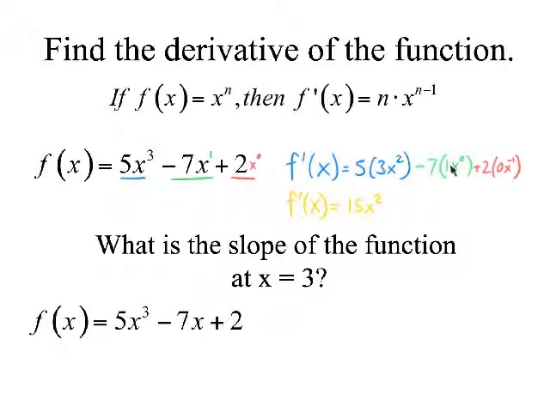That's 1. And 1 times 1 is 1. So negative 7 times 1 is just negative 7. All right? 0 times anything is 0, so that's just 0. 2 times 0 is 0. So really, this whole thing is just 0. So I'm not going to put a plus 0 at the end of this. So this right here is my final answer.